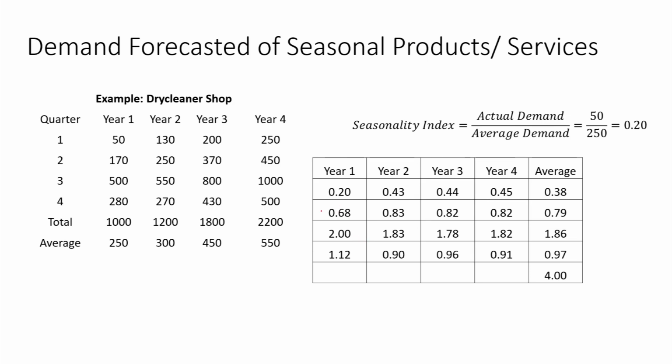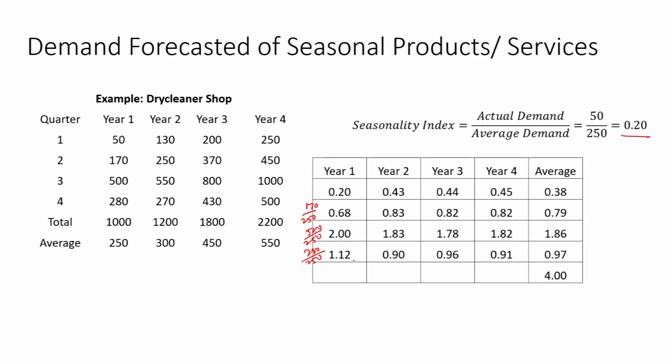I have copied this, just like we calculated 0.20, 0.68. 0.68 will come from 170 divided by 250. How will this 2 come? 500 divided by 250. 1.12, 280 divided by 250.